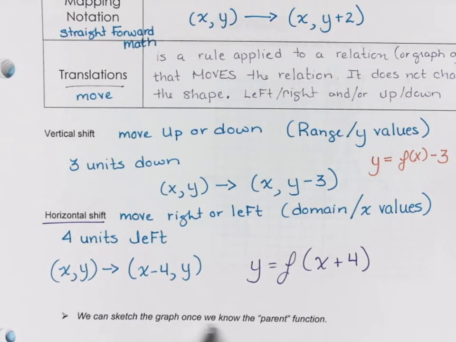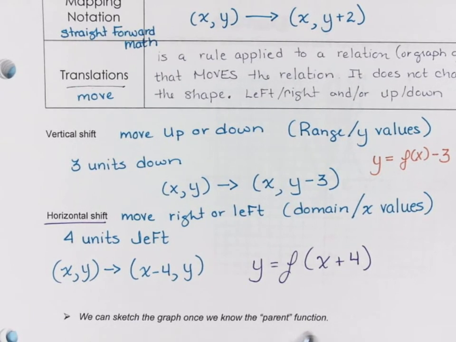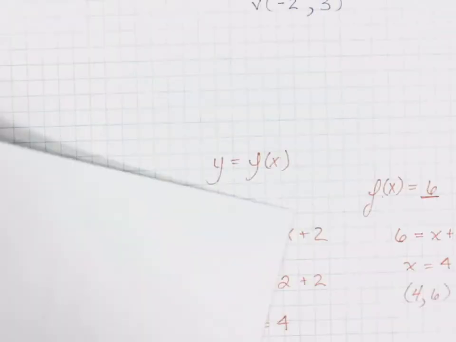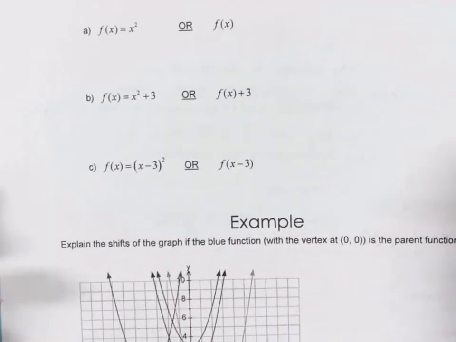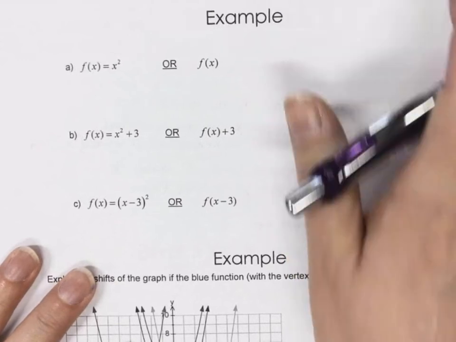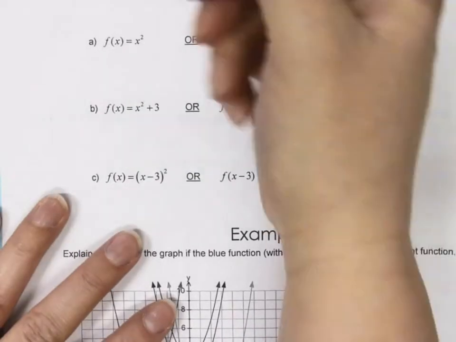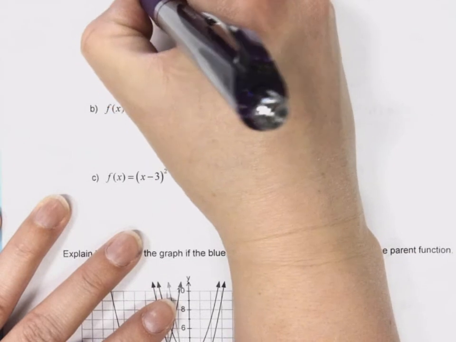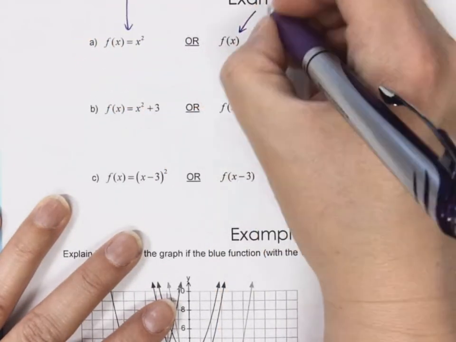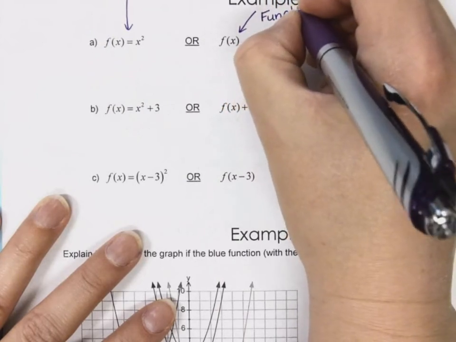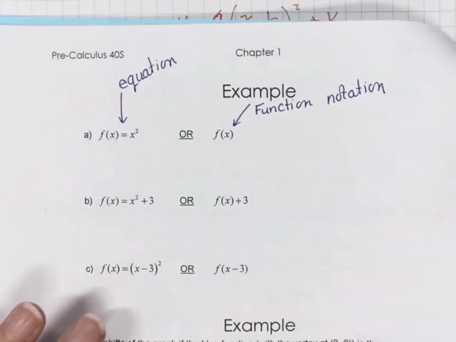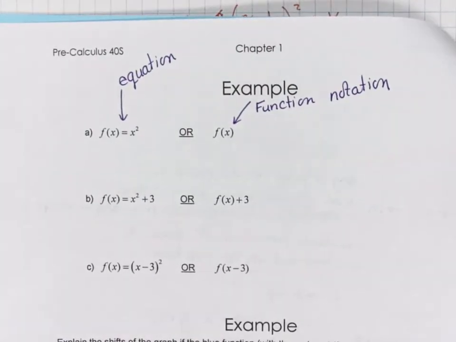Okay, we can only sketch the graph once we know the parent function, and sometimes it's called the original function. You just need to know what graph you're dealing with. I'm just writing this up here.